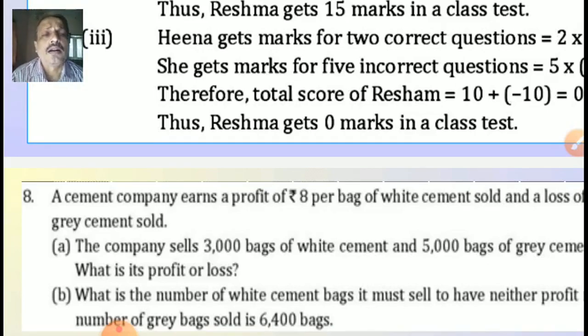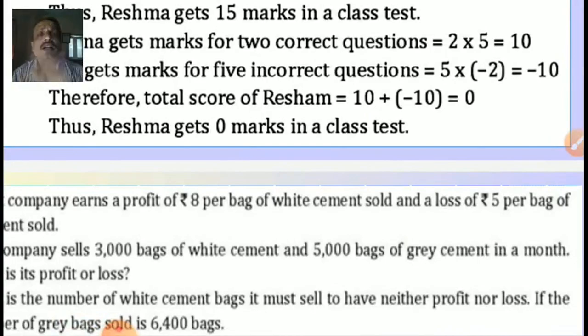A cement company earns a profit of ₹8 per bag of white cement. Yes, there are 2 types of cement. One is white and one is grey. White cement bag, if we are selling, it gets ₹8 profit. But when it is selling grey cement, it has a loss of ₹5 per bag.